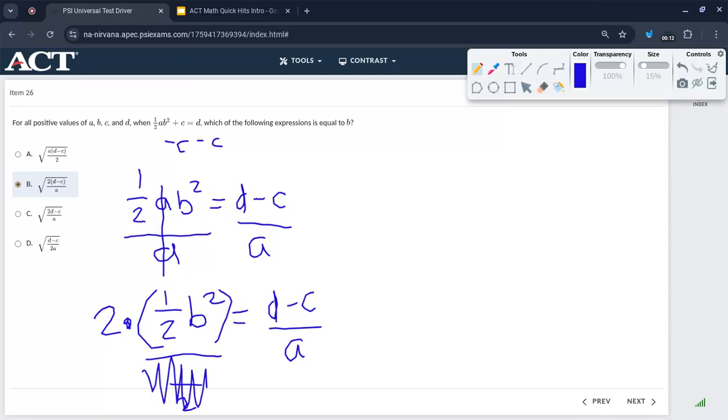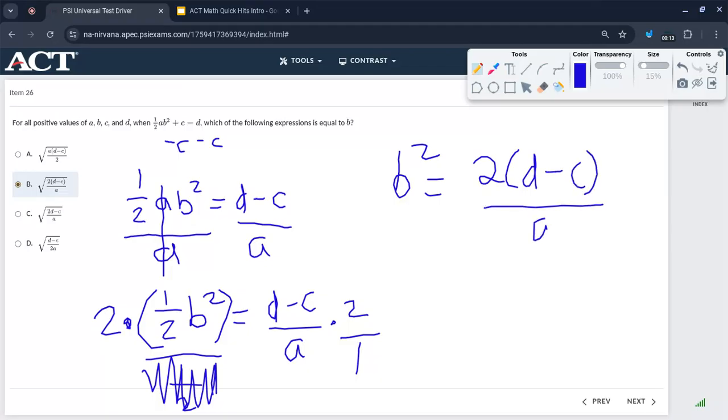I'm just going to scribble this out because I'm not doing both of those operations. I'm doing just the times 2. When I multiply this side by 2, think about it being a fraction, so it's just going to multiply by that numerator value. So I have b squared equals, well, the 2 needs to be multiplied by both the d minus c, because they're in the numerator, and then divided by my a.